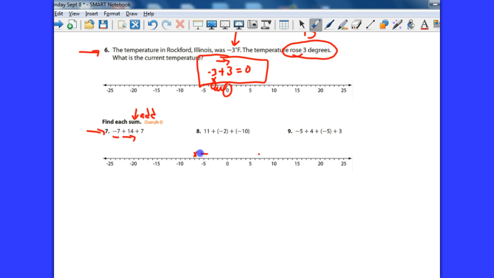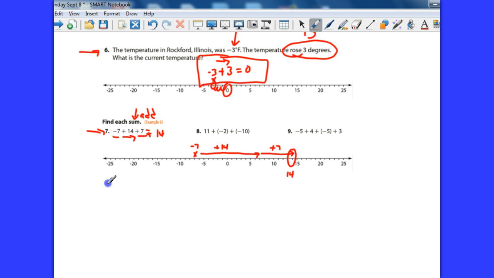Okay, so I went to negative 7, then I went plus 14. And then it says go plus 7 more. Okay, I'm going to go 7 more. 1, 2, 3, 4, 5, 6, 7. I'm going to the right because it's a positive number. I went plus 7 more. And it ended up at 14. So this all equals 14.